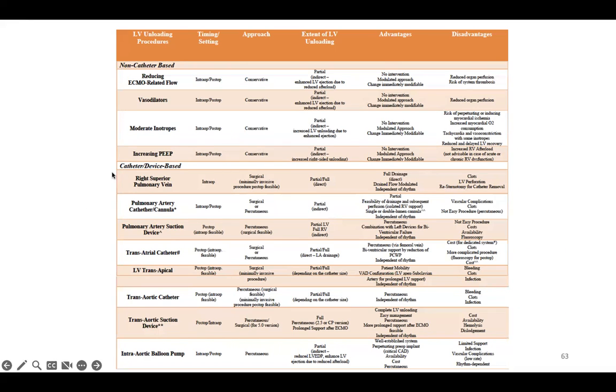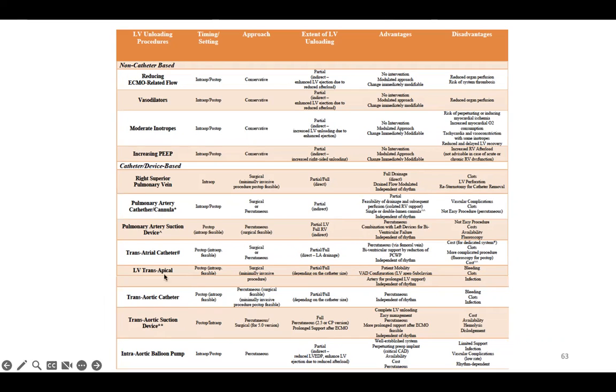And finally, you have catheter-based devices. You can unload the LV surgically through the right superior pulmonary vein, or through the pulmonary artery, either directly or with a percutaneous cannula. Again, a suction device in the pulmonary artery. You can use a transatrial catheter if you do a transseptal approach, and you can vent your LA directly.